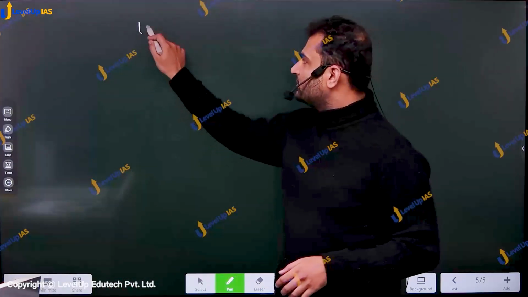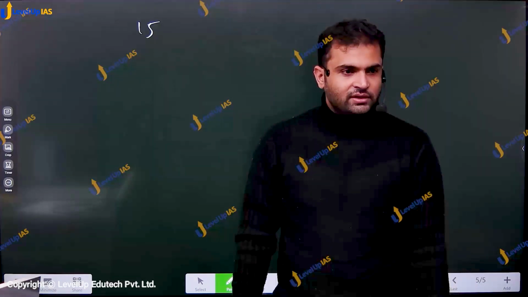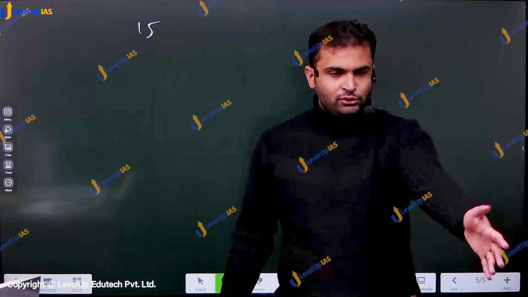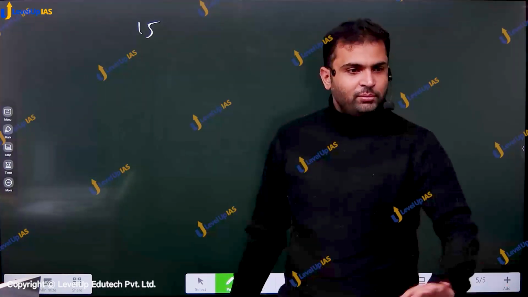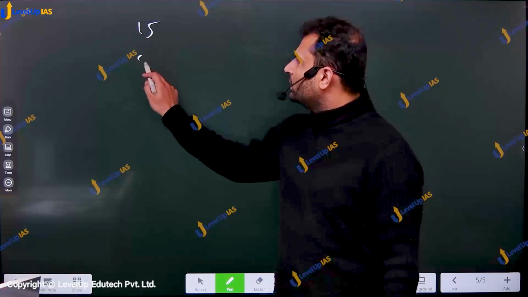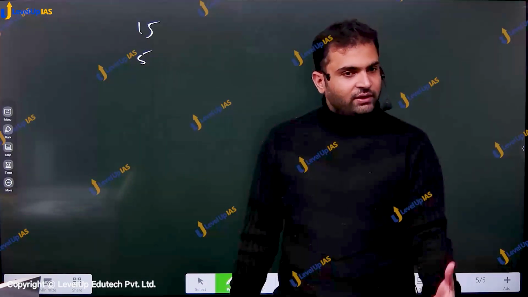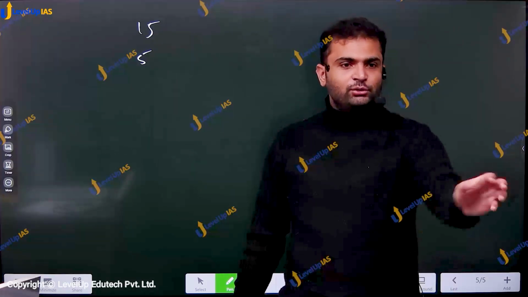Let us say he has 15 chocolates. He gets 15 chocolates. Now he has 15 wrappers as well. He will give them to the shopkeeper and he'll get 5 chocolates. For 3 wrappers, 1 chocolate. So 5 chocolates he'll get. Now 5 chocolates he eats and there are 5 wrappers. Out of those 5 wrappers, he will give 3 to the shopkeeper.